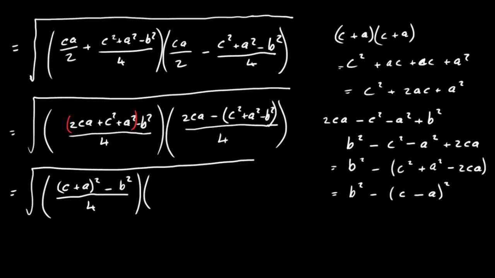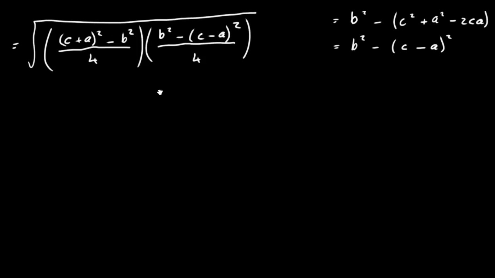So let's just substitute that in here. So we have a B squared minus C minus A all squared, and that's all over 4. Okay. Now let's move on to the next line then.